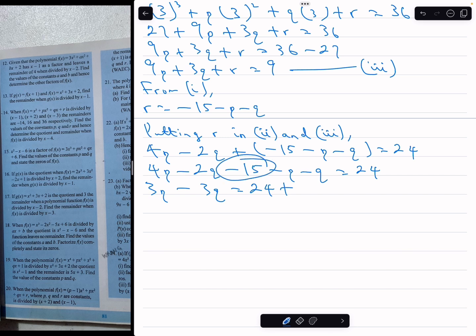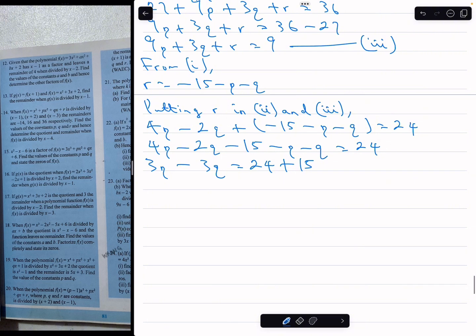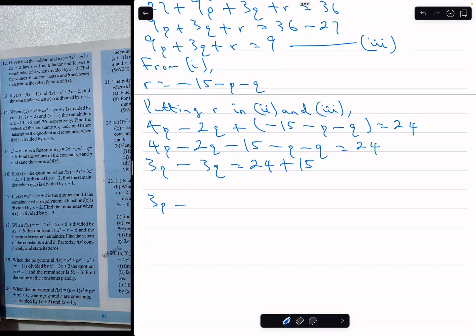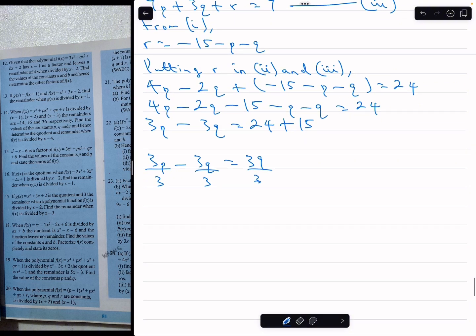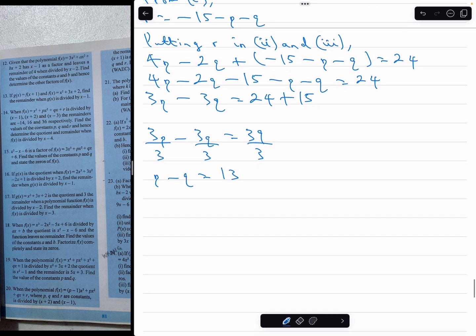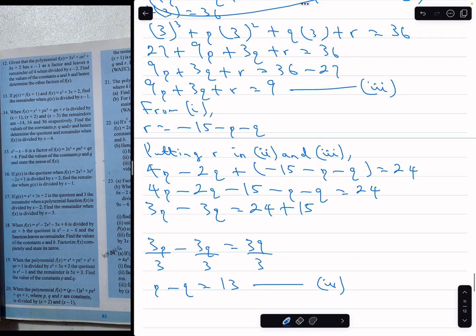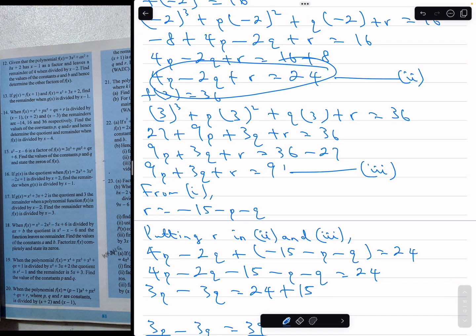When I take minus 15 to the right hand side, it becomes plus 15. And then I have 3p minus 3q equals 39. And I can divide through by 3 to get p minus q equals 13. That's equation 4.